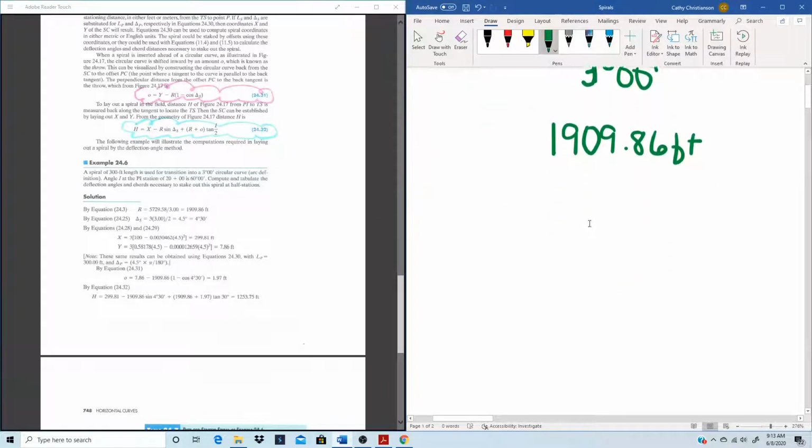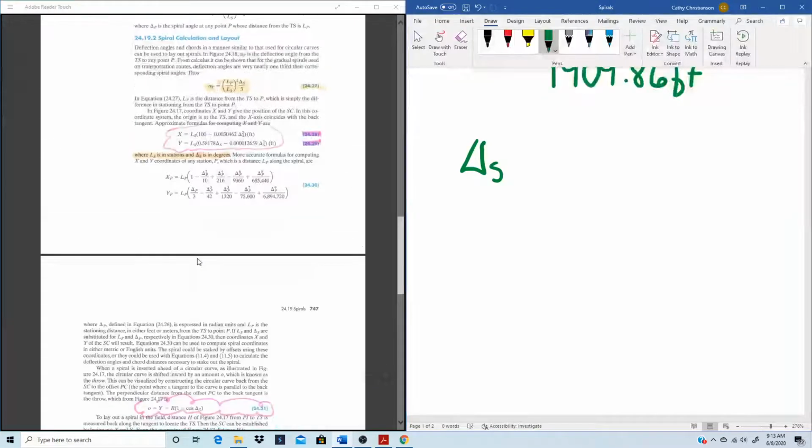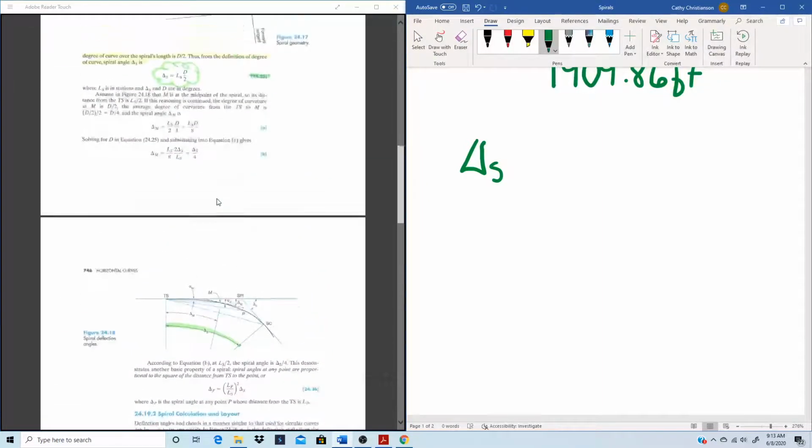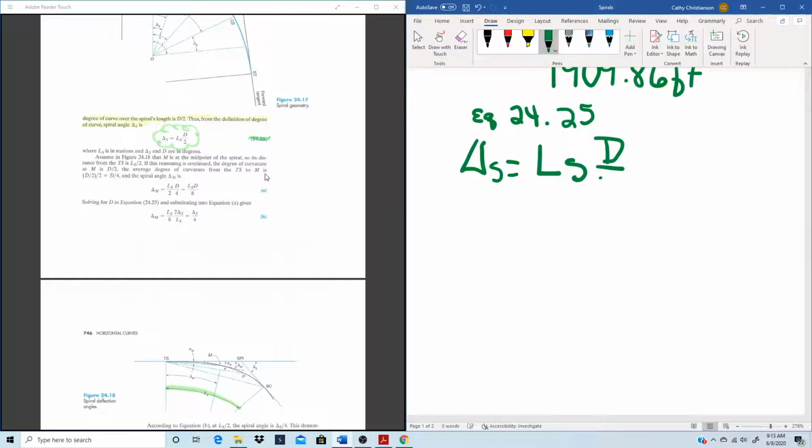Now we want to solve for the theta S. So I'm going to write theta S. And I'm going to go over here and show you. We're going to use the equation 24.25. Theta S equals the length of your spiral times D over 2.